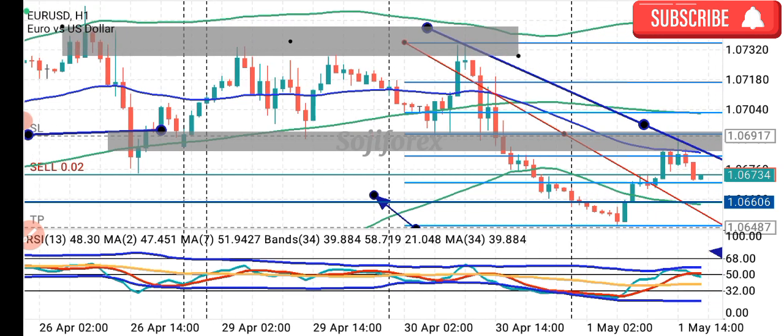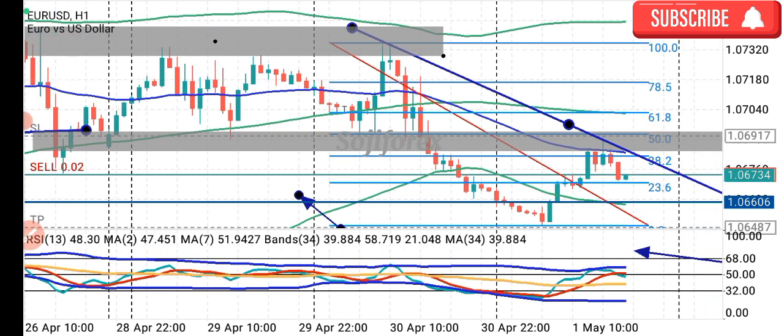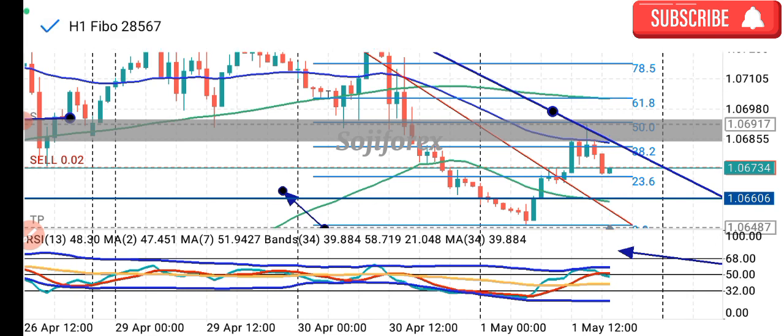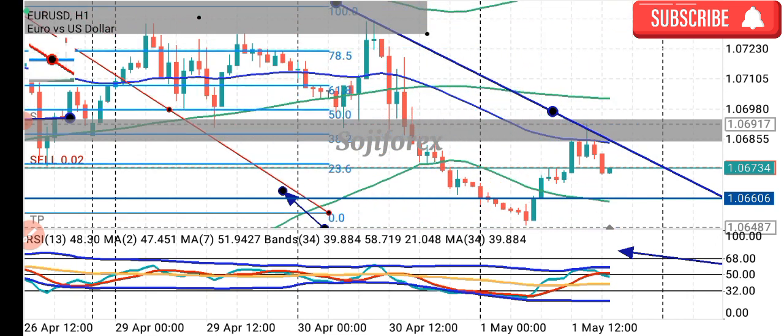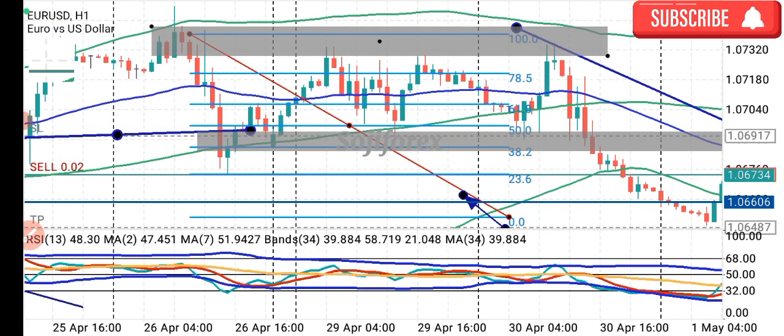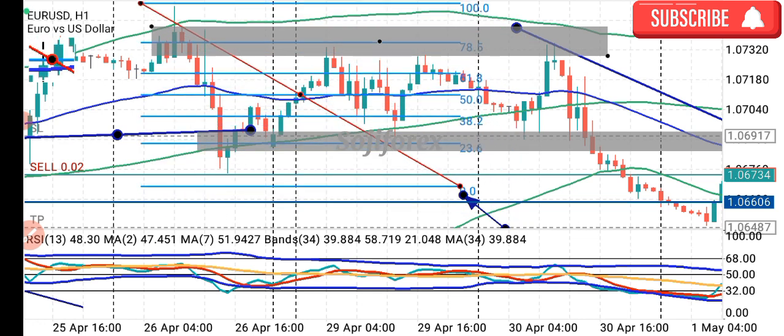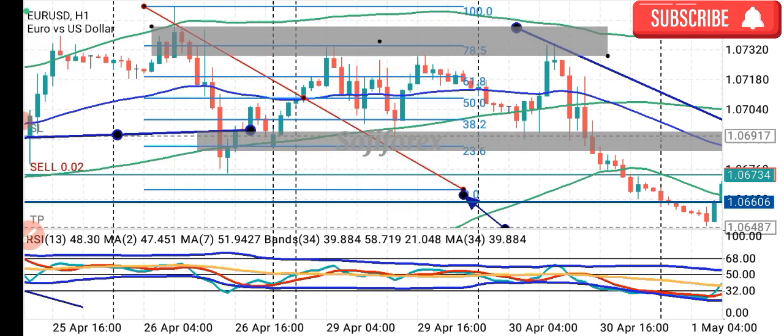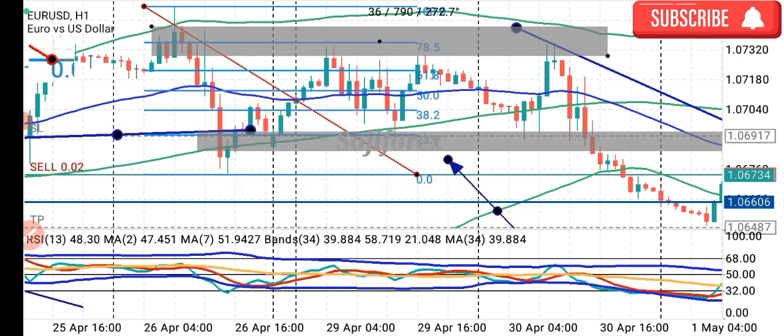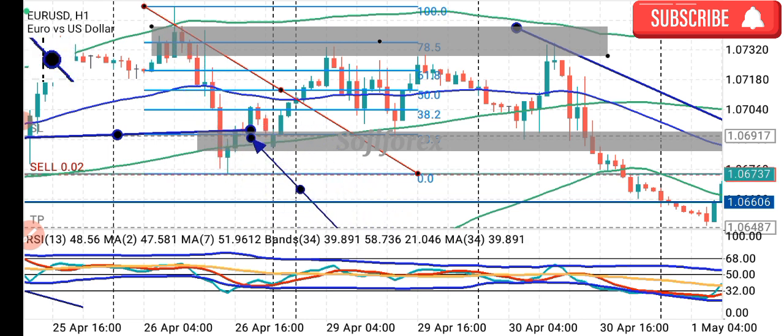For more confluence, you can pick up your Fibonacci tool and mark out your high and your low. This is our high, and this is our low from this high. And then look at the price pullback.